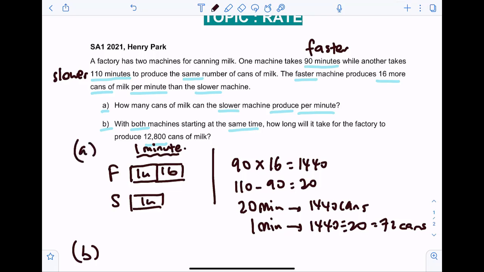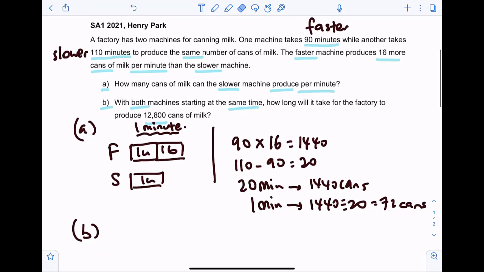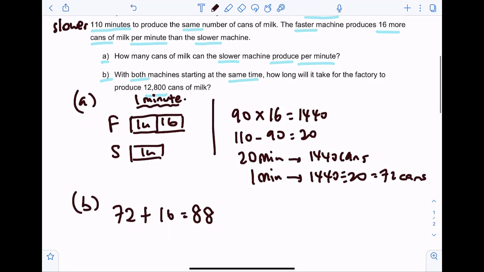Now for part B, with both machines starting at the same time, how long will it take for the factory to produce 12,800 cans of milk? The slower machine produces 72 cans per minute. We know that the faster machine is able to produce 16 more, so 72 plus 16. The faster machine gives 88 cans of milk for every 1 minute.